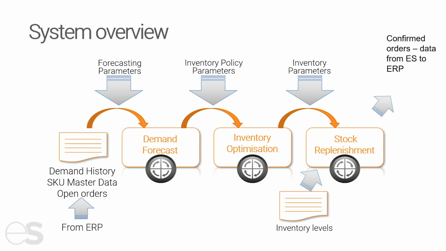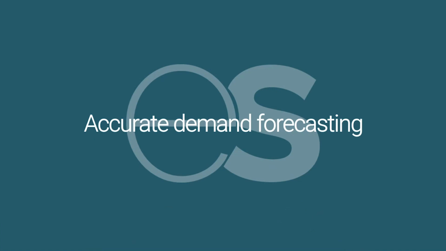It will then move on to optimize your inventory levels or your stock levels. And then it will move on to automating stock ordering or stock replenishment. You'll end up with a list of recommended orders, which once you agree to and they're confirmed, get sent back from EazyStock into your ERP. So let's take each one in turn.